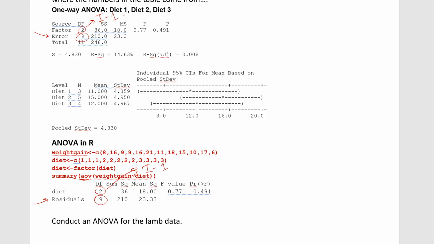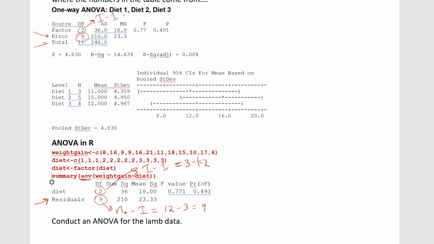And then the degrees of freedom for that error, for the within group variation, is the total sample size minus the number of treatment groups. So it's n dot minus the number of treatment groups, which in our case is 12 minus 3, which gives us 9. All right, so those two rows are equal.